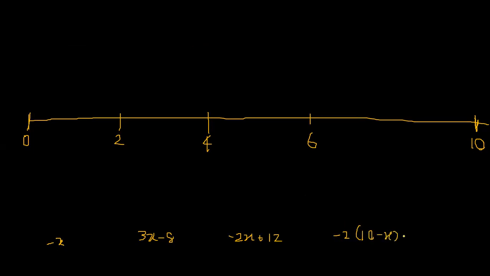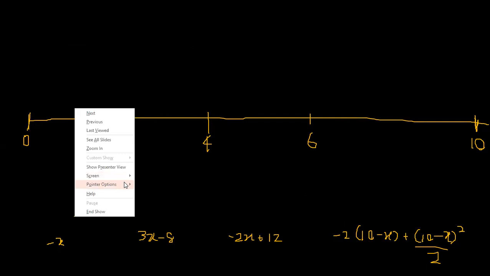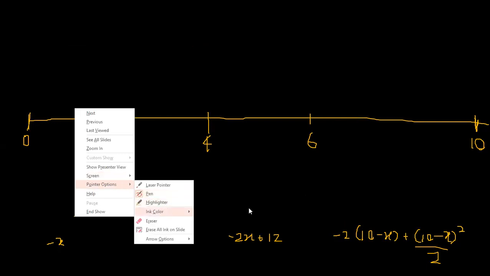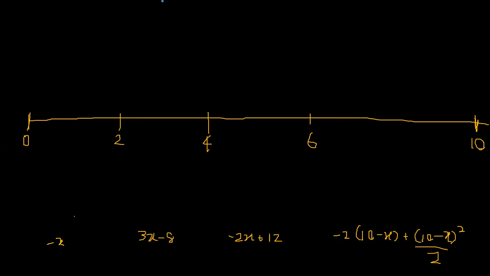10 minus x plus squared over 2, right? So if x is equal to 0, you can just plot the end values, right? So this is the total bending moment diagram, right?